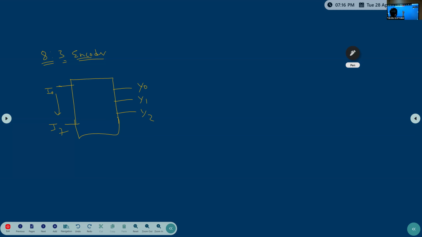So if you go with the truth table of this, okay, I7, I6, I5, I4, I3, I2, I1, I0. Now output is Y2, Y1, Y0.